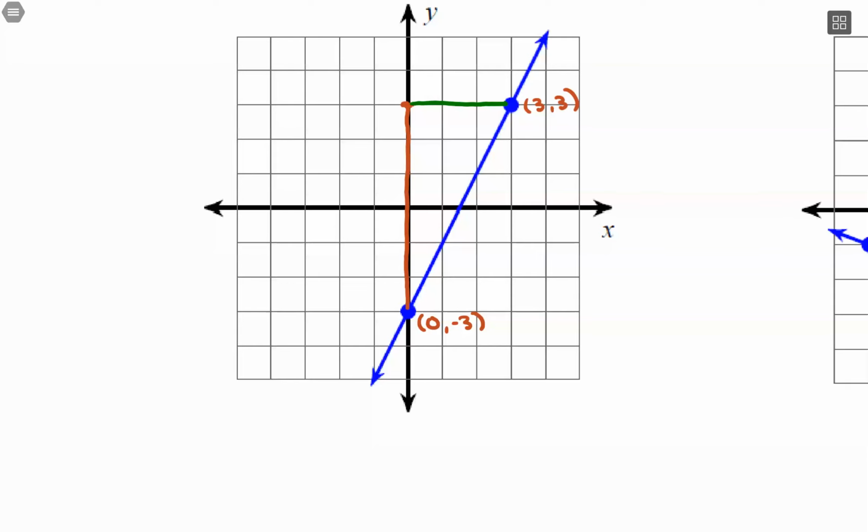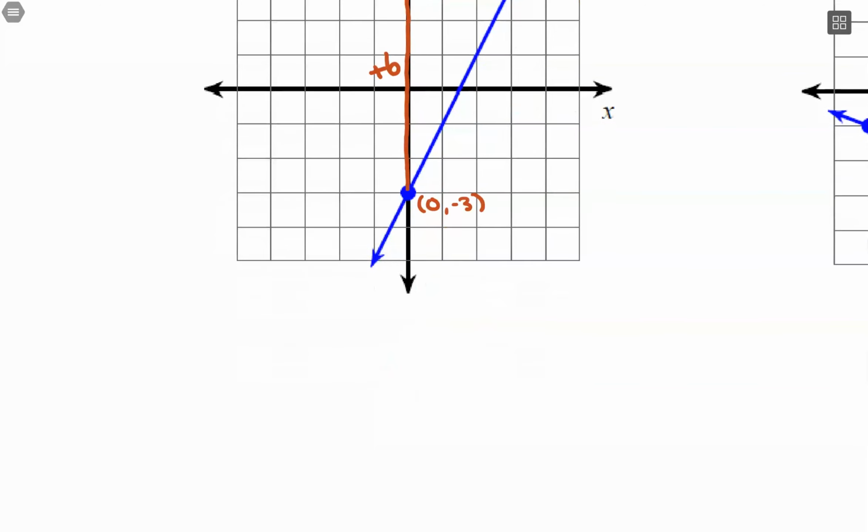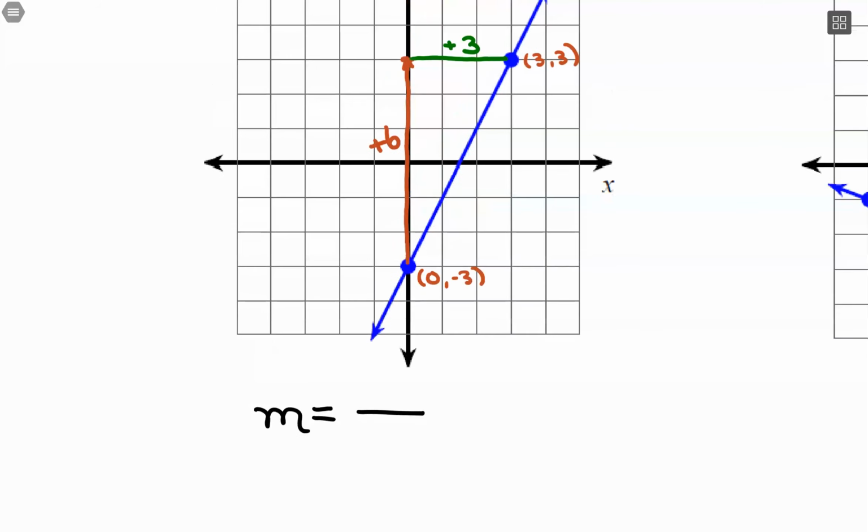We went 1, 2, 3, 4, 5, 6 units. So it's going to be positive since that movement was upwards. And then we moved to the right, which is also a positive movement, and then we moved to the right 3 units. So in terms of rise over run, the rise is up 6.